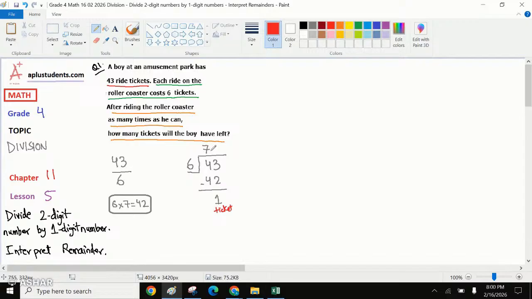And he rode 7 times. Right? He will ride 7 times and will have 1 ticket remaining or left.